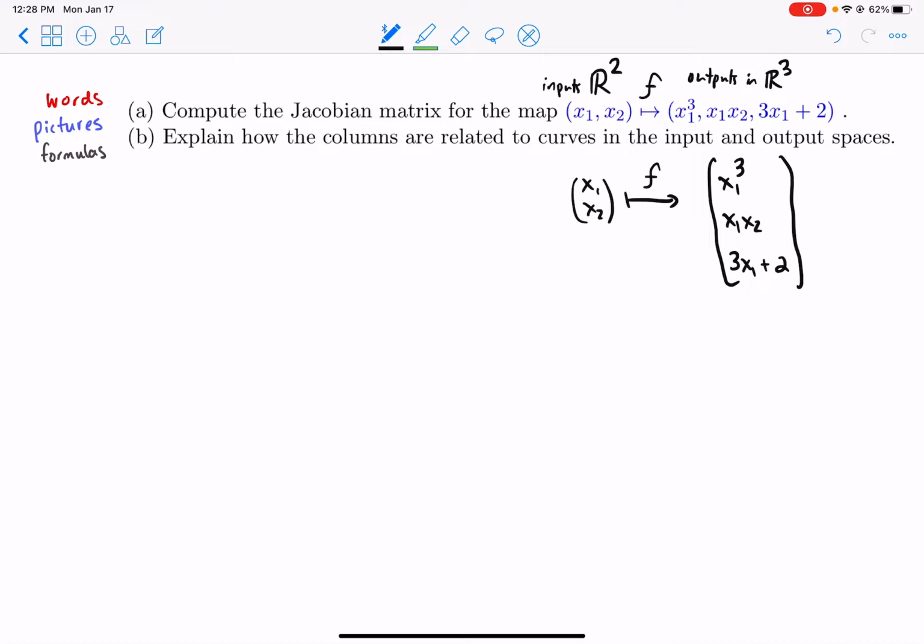So compute the Jacobian matrix. Part A. Compute the Jacobian one column at a time.